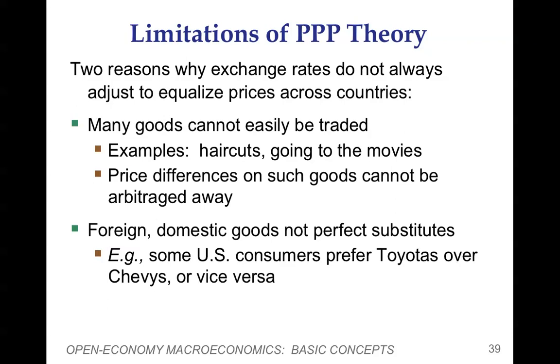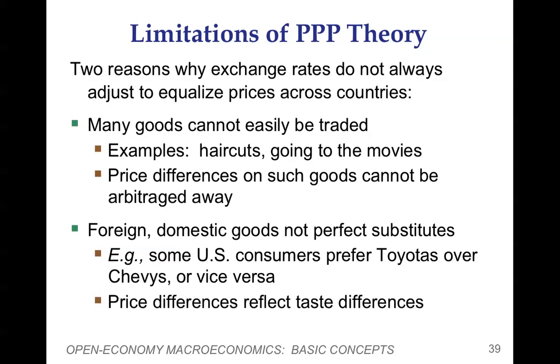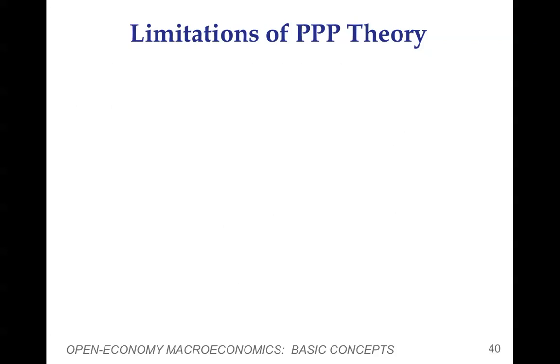Some US consumers prefer Toyotas over Chevys. And foreign goods cannot easily be traded across country borders. There's such a thing as customs that throws on a tariff designed to keep the prices separate between the two items. Price differences can reflect trade differences.